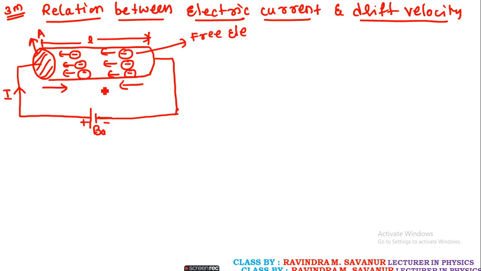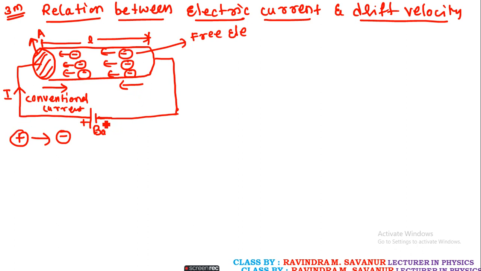Try to understand, students. One arrow stands for the current flowing from the battery's positive to negative. That is called conventional current. What is conventional current? The current flowing from the battery's positive to negative.